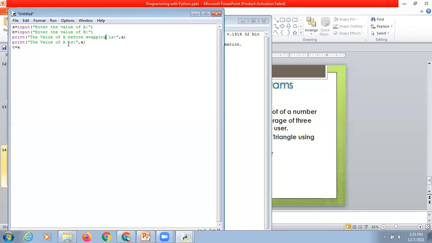Before swapping is, and here it will be B.